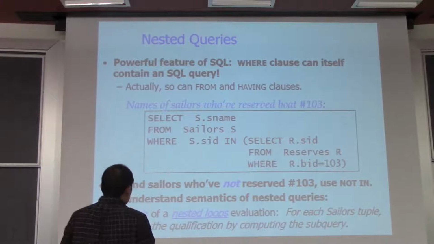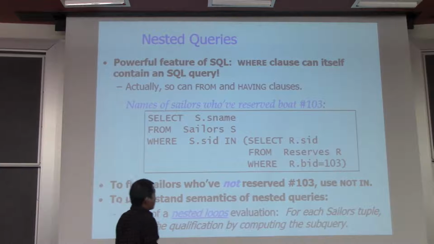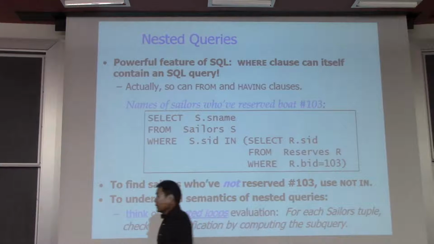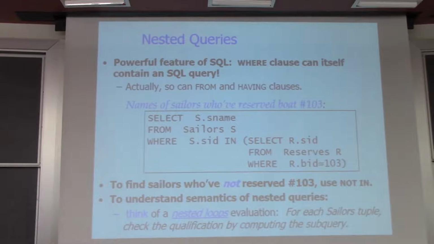Here is one example: names of sailors who reserved both boats 101 and 103. Of course, in this example, you do not have to use a nested query, because we all know that you can do this using a join. So how do you do that?